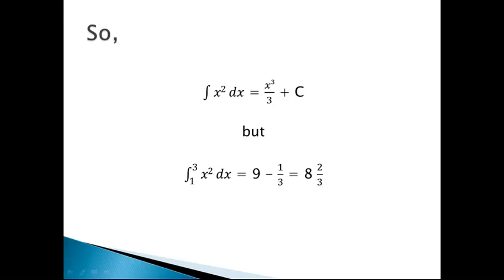So the definite integral is about finding the area over a particular interval, and it ends up being a number. The indefinite integral gives you a function that would allow you to find the area at any point. And so that's a brief introduction to the indefinite as opposed to the definite integral.